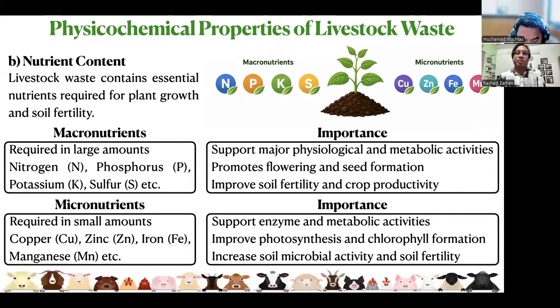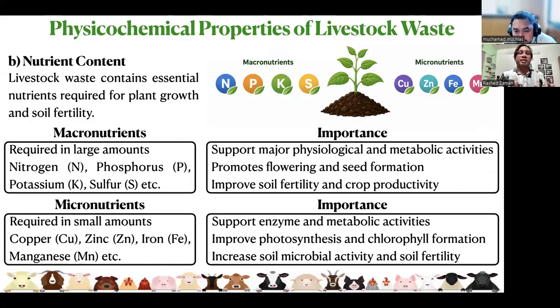It also improves photosynthesis and chlorophyll formation. For example, iron is essential for chlorophyll formation and also for photosynthesis. It increases soil microbial activity and soil fertility by supporting beneficial microorganisms involved in nutrient recycling.